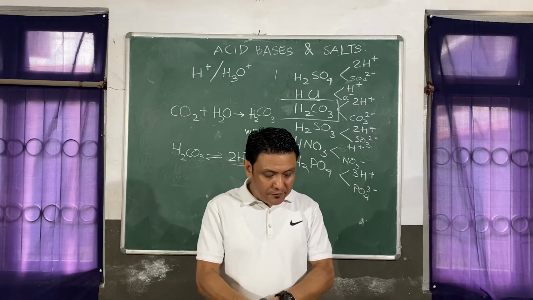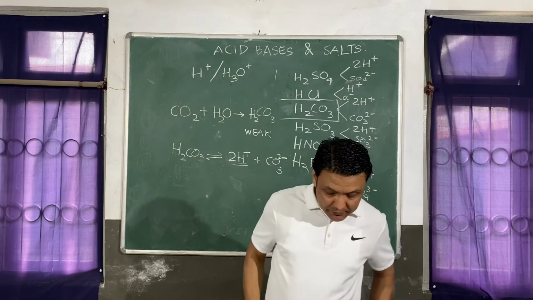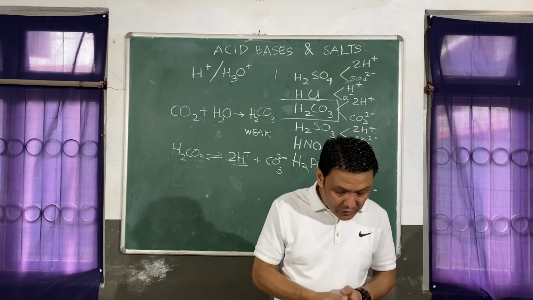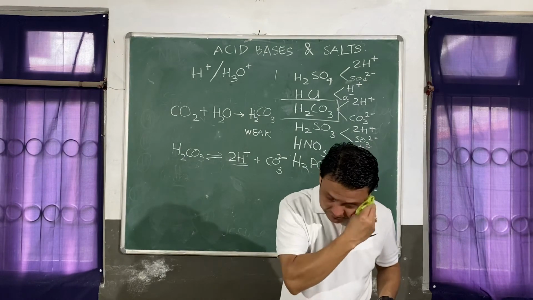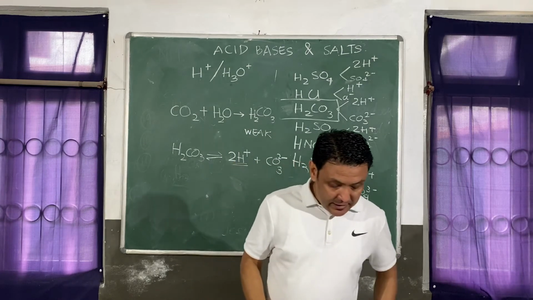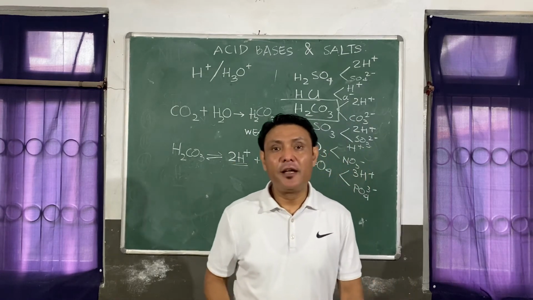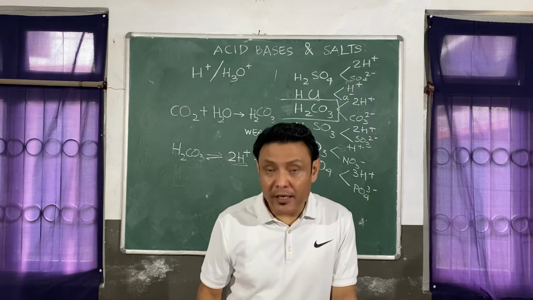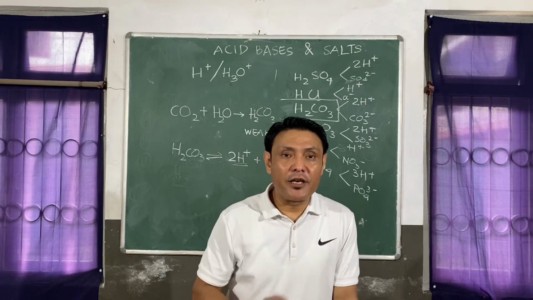Now on the basis of concentration, when we talk about the concentration of the acid, there is a concentrated acid and there is a dilute acid. What is a concentrated acid? Don't get confused between strong acid and concentrated acid.